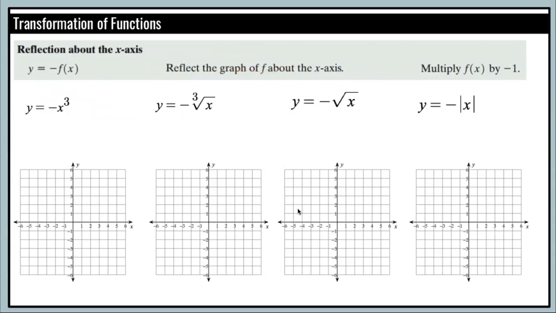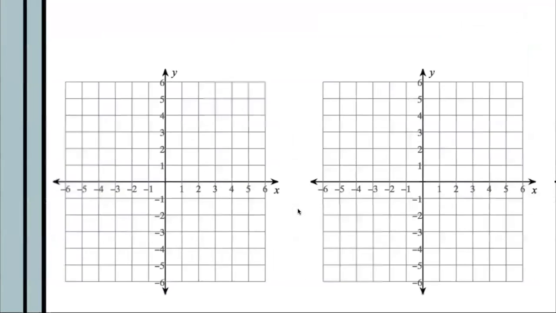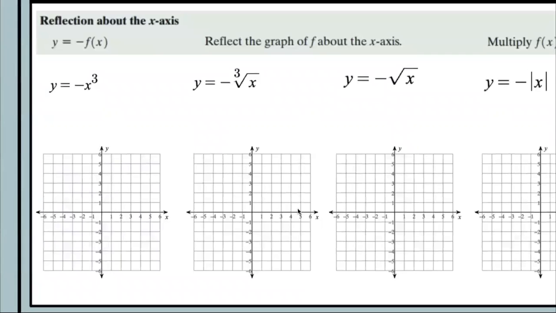And we're just gonna go ahead and draw these. All right. So we have graph y equals negative x cubed. So the original x cubed, I'm gonna draw it in blue. The original x cubed looks like this. This is y equals x cubed.